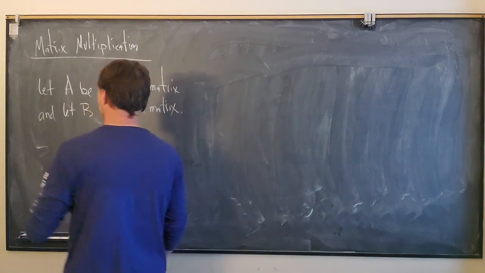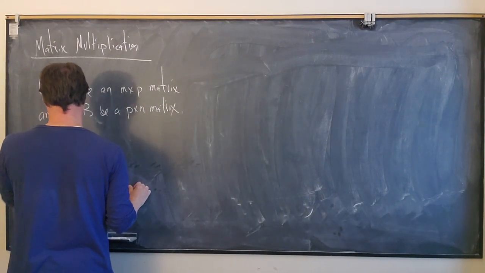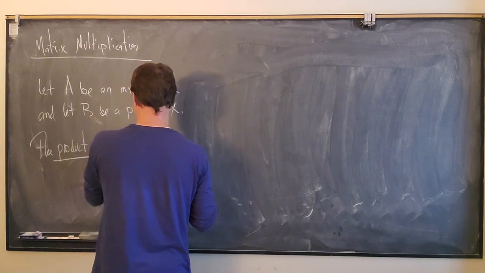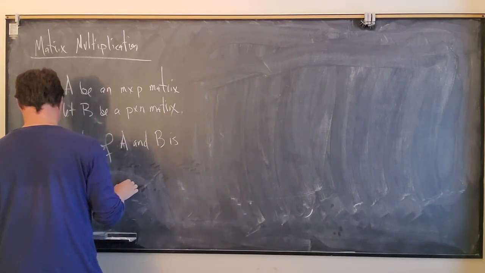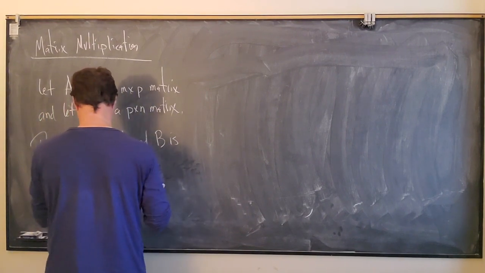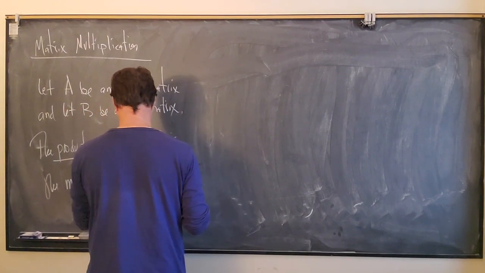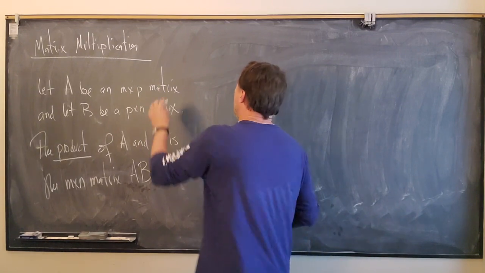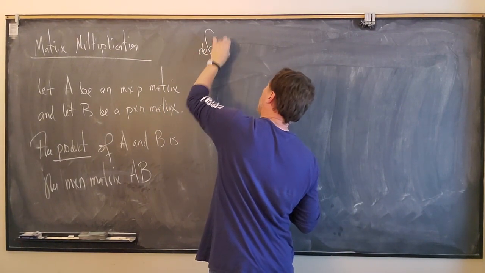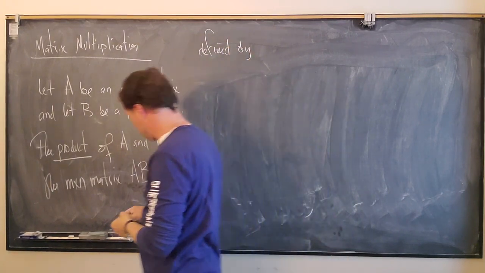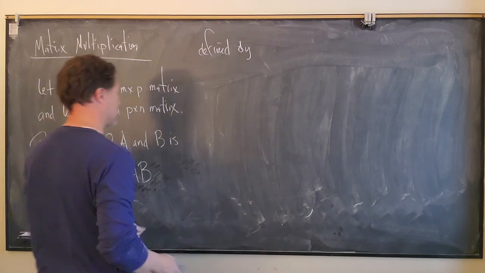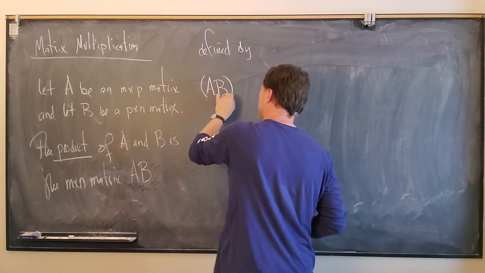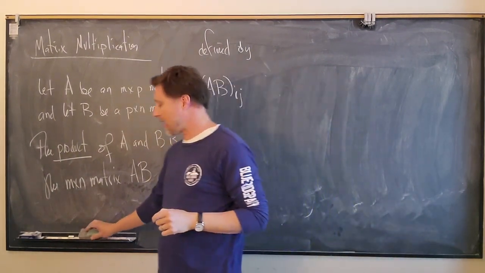So now, the product of A and B is the M by N matrix, which we'll write as A followed by B, so A times B, defined by: now I need to tell you who the entries of this new matrix are, so I need to tell you who the ijth entry of A times B is.